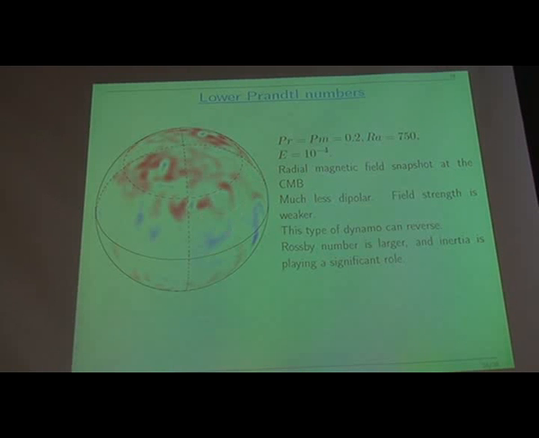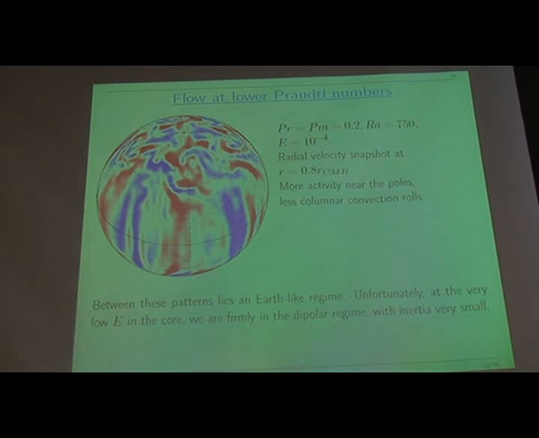So the main problem we're seeing at the moment is when we move towards Earth-like parameters, our dynamos are becoming very, very dipolar dominated, and the real thing sitting underneath our feet is not like that. So clearly there's more to do. That's not surprising.